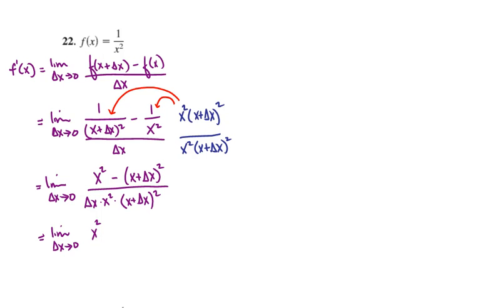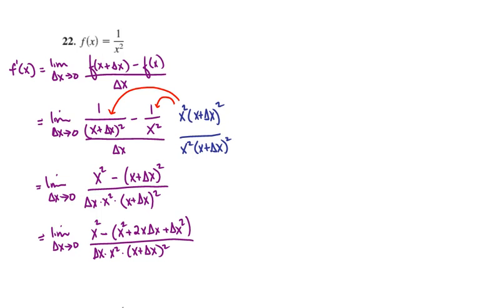Then we'll have minus, and I'll expand that out in parentheses because of the negative sign in front: x squared plus 2x delta x plus delta x squared. First term squared, multiply them, x times delta x, and double it, plus 2x delta x plus delta x squared. And that's all over delta x times x squared times x plus delta x squared.